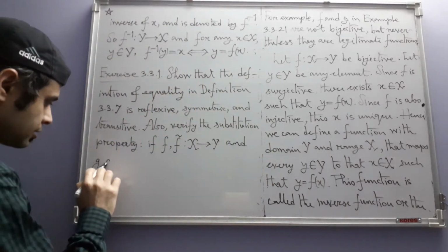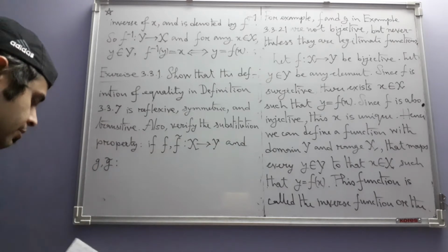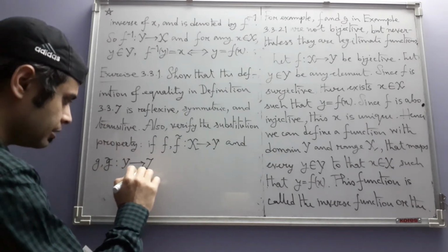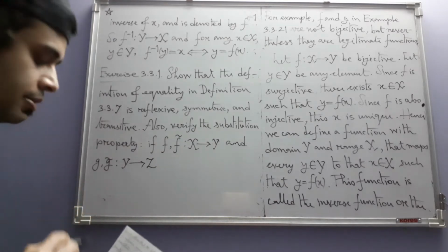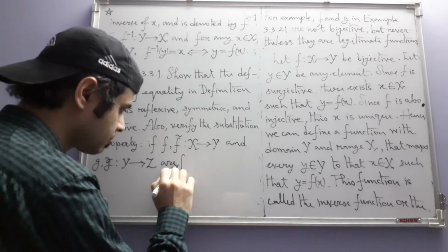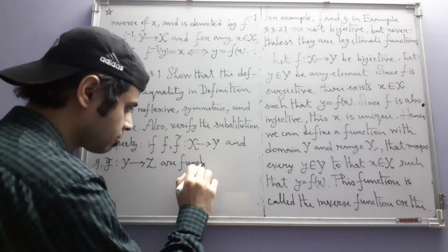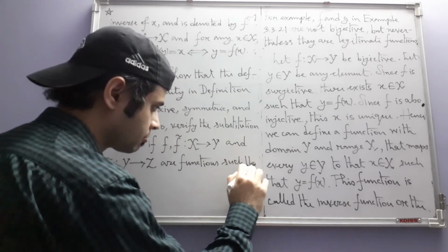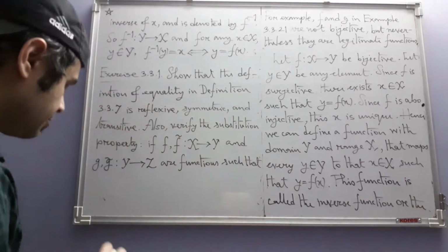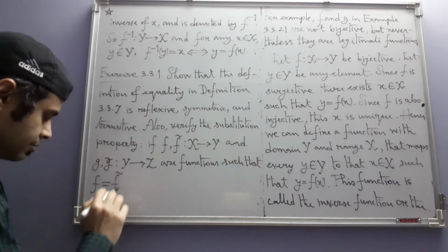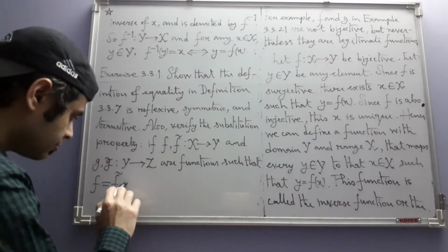two more functions are given, g and g tilde, from y into z. They have domain y and range z. These are functions such that f is equal to f tilde and g is equal to g tilde.